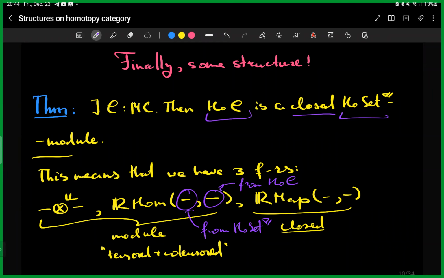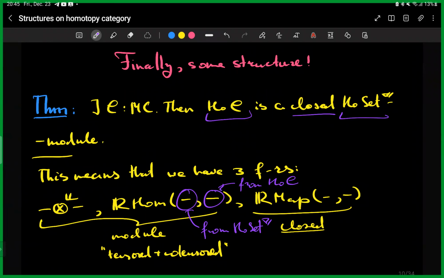And well, of course, the homotopy category should be complete and cocomplete, but that is a very primitive structure. So this, of course, is far more interesting than just some completeness conditions.